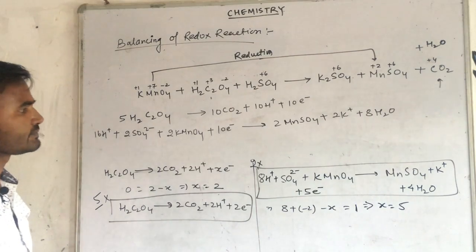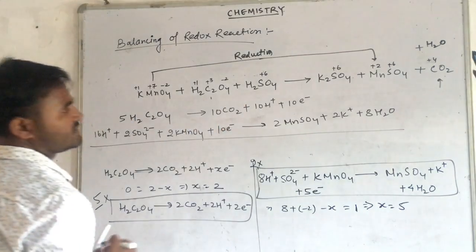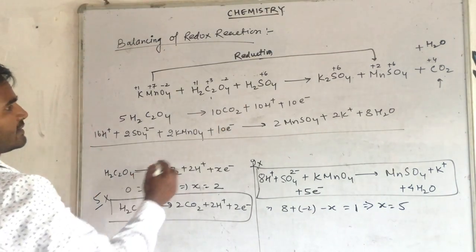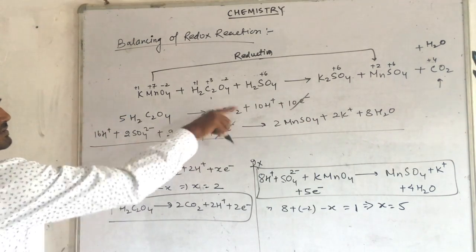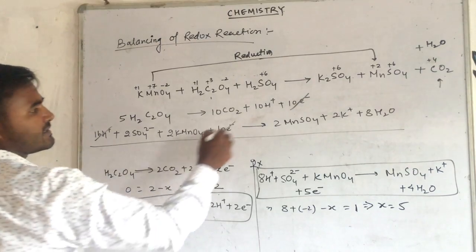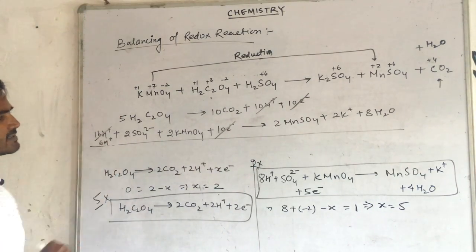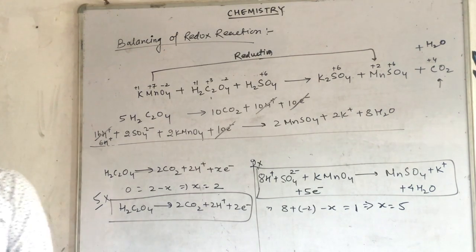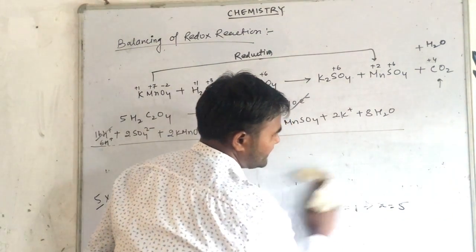Now I am going to add both halves. The electrons cut each other: 10 electrons on both sides. Here is 16 H plus, here is 10, so the remainder will be 6 H plus. Clear? Now add both reaction halves and write the complete reaction.